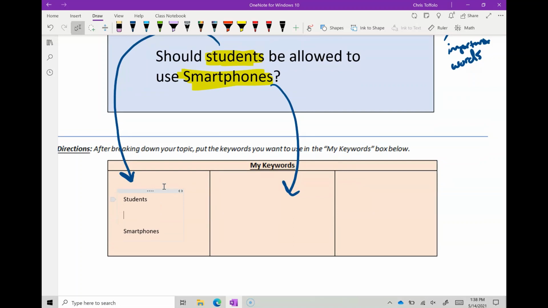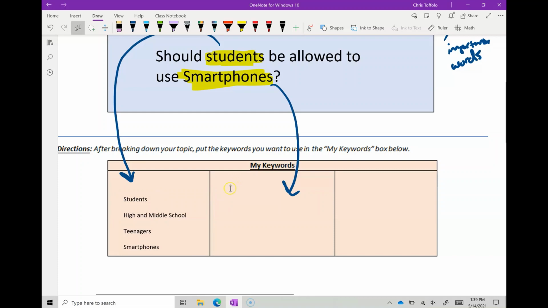So what I'm going to put in here are high and middle school. Now also, what might actually be a good keyword for me to use in addition to this is the age level of these students. So people in high school and middle school are usually teenagers. Cool. So I have here high school and middle school. I have students, I have teenagers.